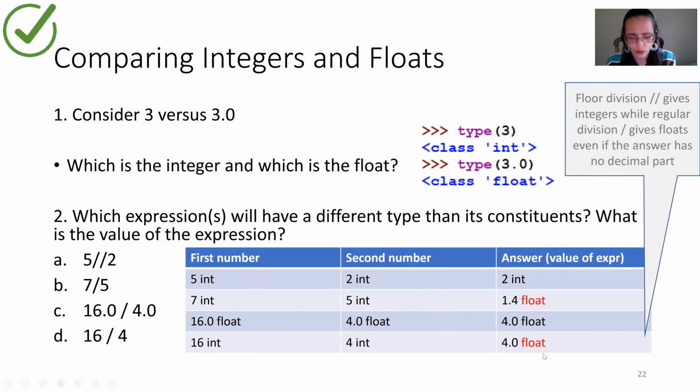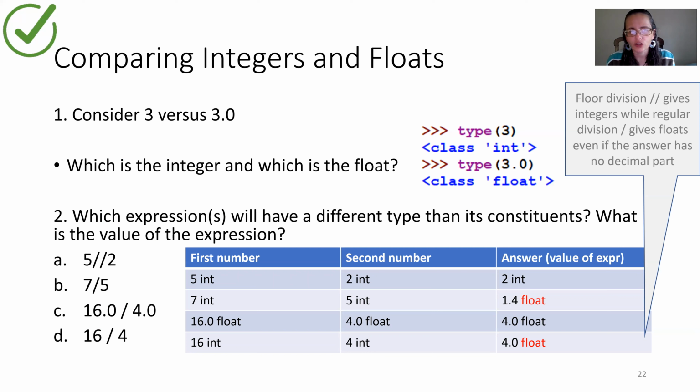The reason why it always gives a float is because it is the only one of these operations we've been talking about where you cannot know from looking at the numbers that you put in whether or not you're going to need a decimal value. So think about it. If you're going to do an addition problem and you have 2 plus 3, you know that there's no decimal part, so there'll be no decimal in the answer.